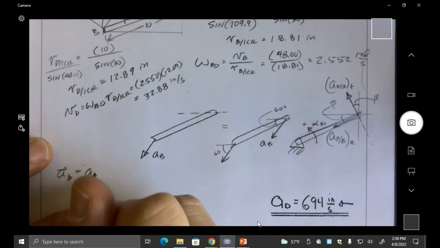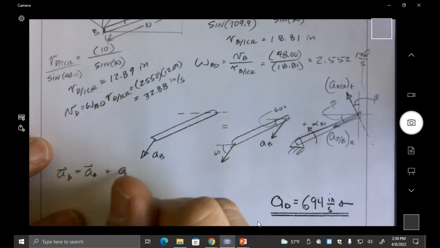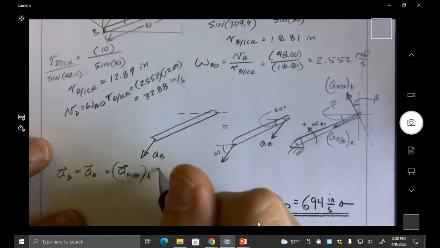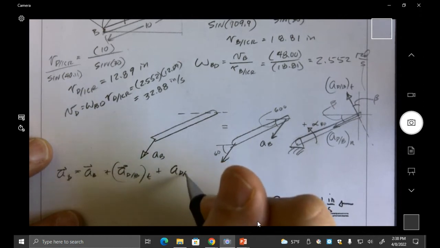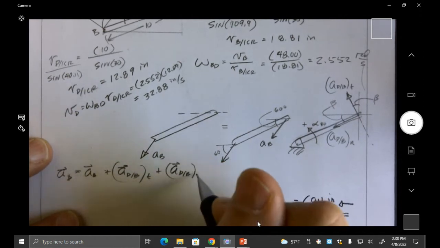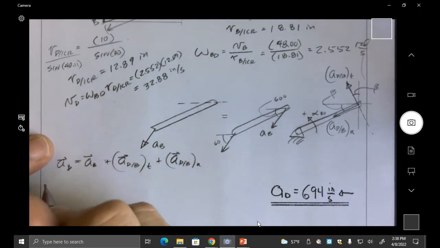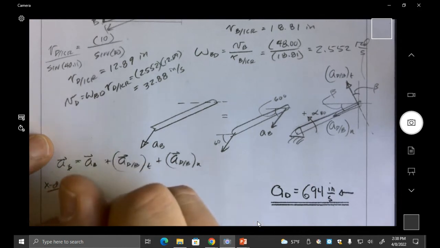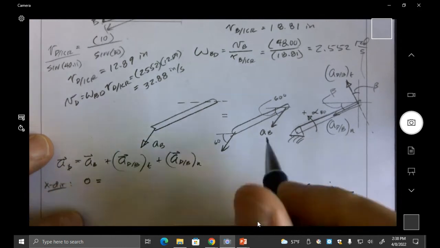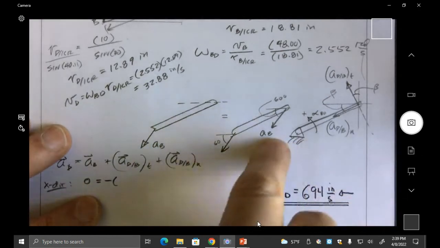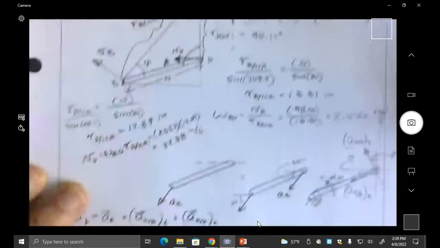So that's acceleration of B plus the acceleration of D with respect to B, tangential, plus acceleration of D with respect to B, normal. And in the x direction, 0 equals negative acceleration of B. We found all the way back at the top that was 768.